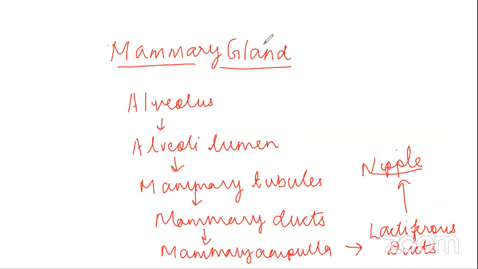So have you followed this? The order should be clear to you, because in the exam they ask you the order. In the NEET exam they will write any order and ask you whether it is correct or not, and you have to identify the correct sequence, how the milk is formed and how it travels via the ducts.